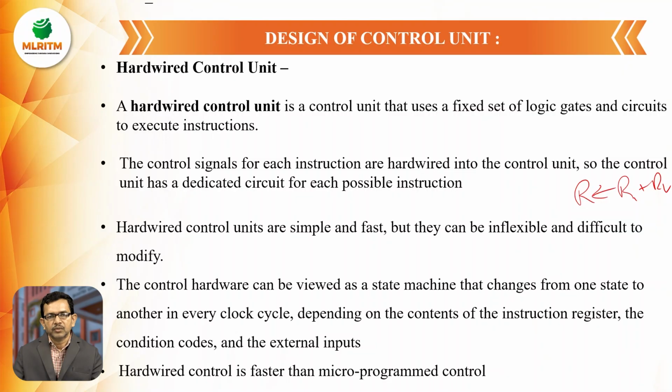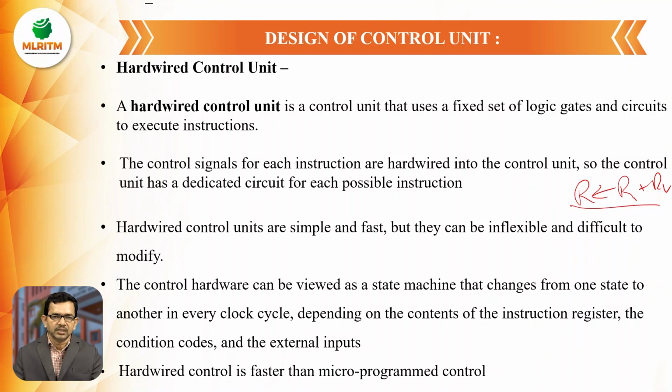If I want to execute this operation, the operation should be carried out by using a hardwired control unit or a microprogrammed control unit. So if I go with the hardwired control unit, how to execute this R tends to R1 plus R2? For this, we are using a set of logic gates and circuits.